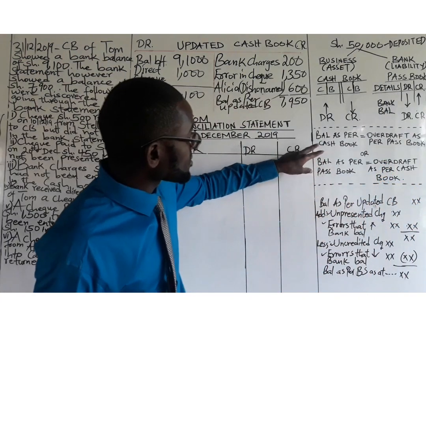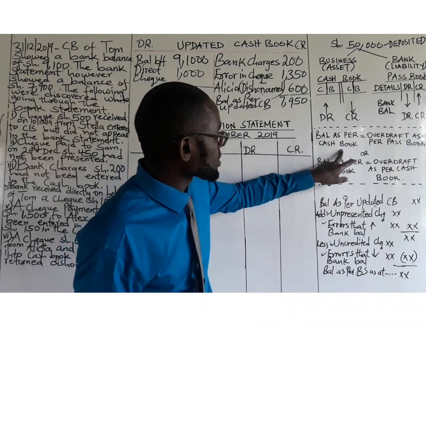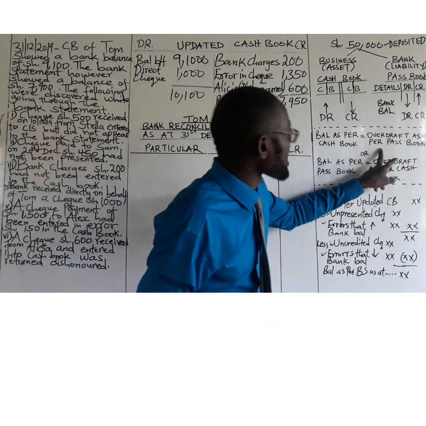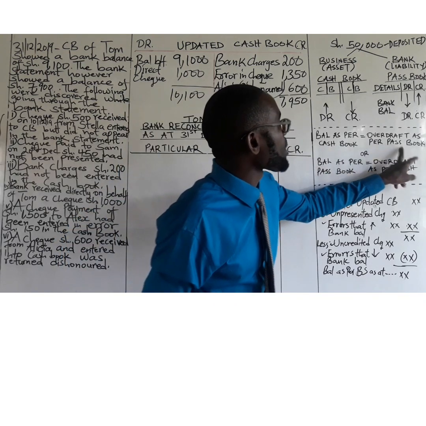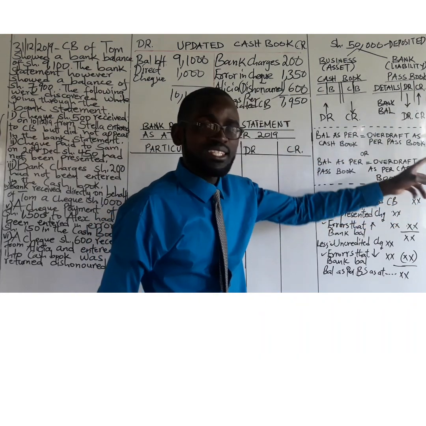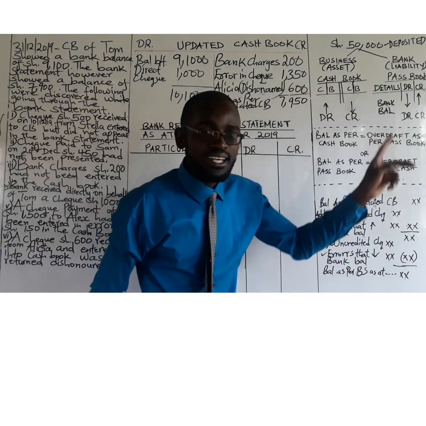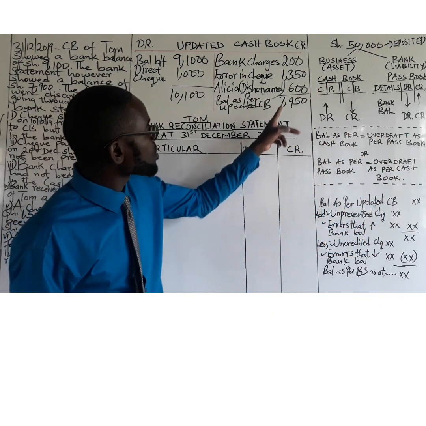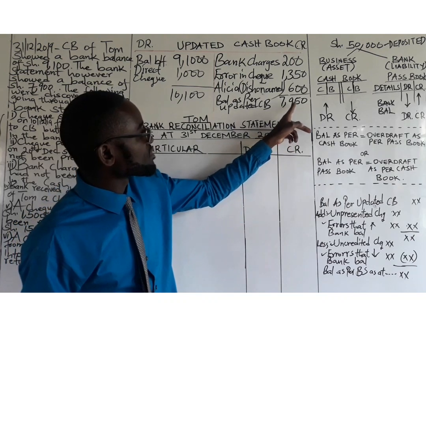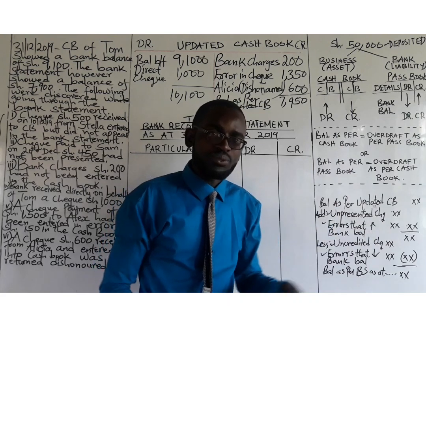From what I gave you, a balance as per updated cash book means an overdraft as per the passbook in the bank statement. And an overdraft means a credit balance. So this business owes the bank an amount of 7,950, which they are supposed to pay to the bank.